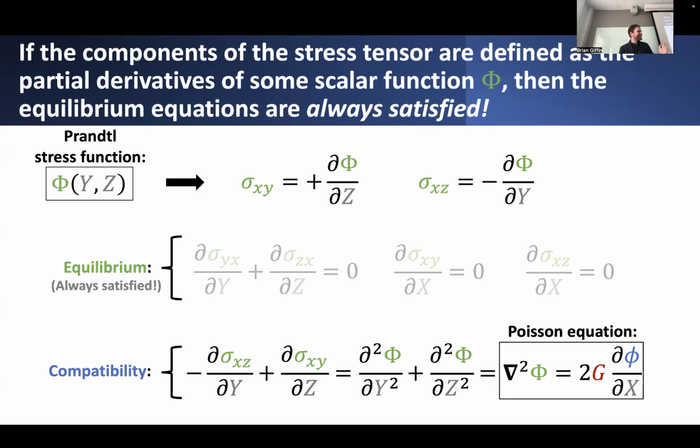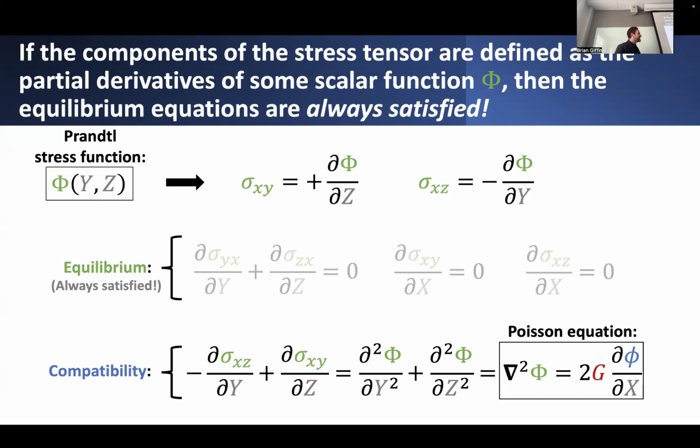It's the Prandtl stress function. And instead of second partial derivatives of this stress function with respect to x and y giving the stress components, in the case of torsion, you only have to take a first partial derivative of this stress function to get the components of stress. The two components in this case of shear stress, sigma xy and sigma xz.